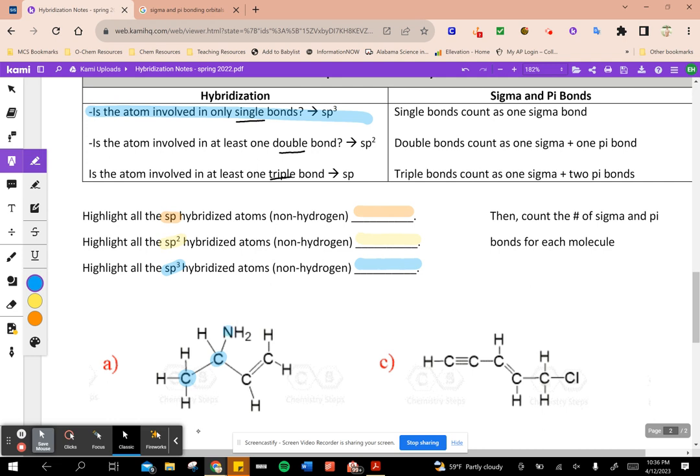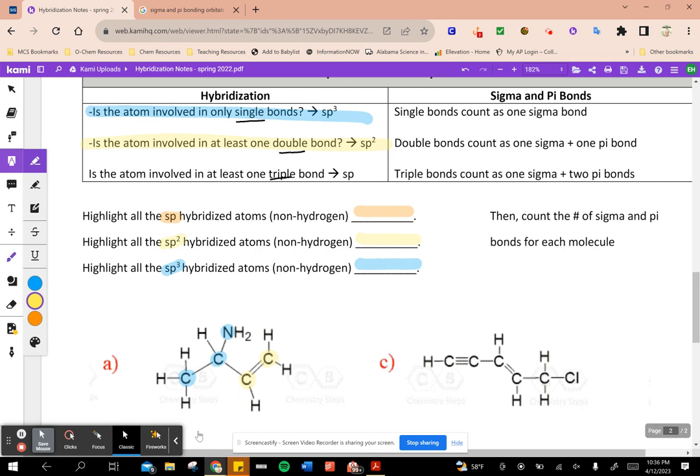So it likewise is sp3. But then we come to two carbons that both are a part of at least one double bond, and that's going to make them what's called sp2 in hybridization. So we ended up with 3 atoms that were sp3 and then 2 atoms that were sp2.